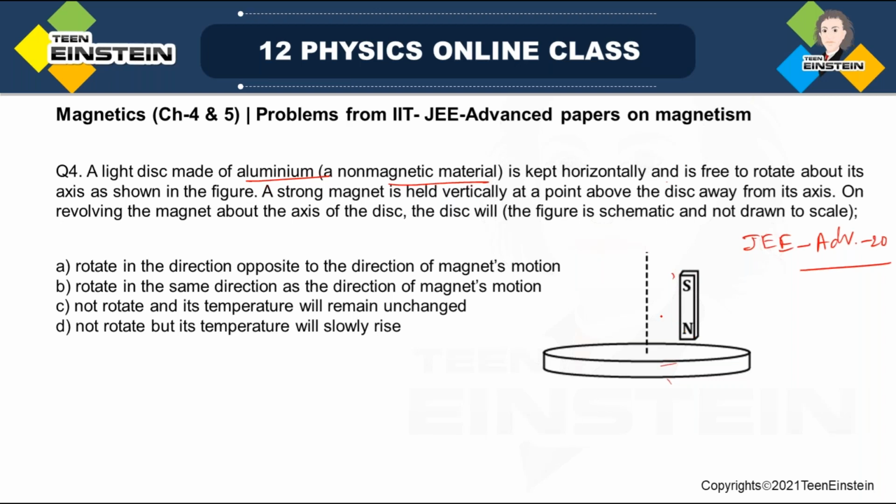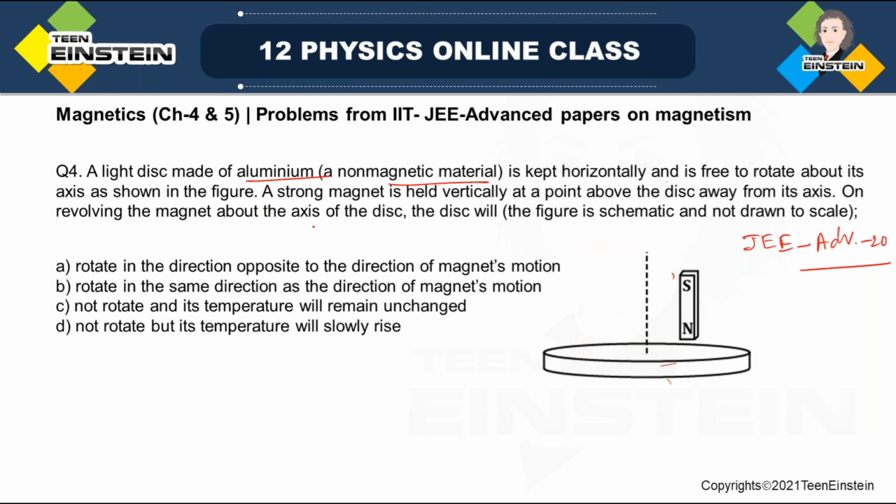So the question is: a strong magnet is held vertically at a point above the disk away from its axis.